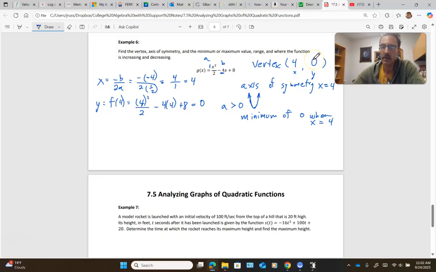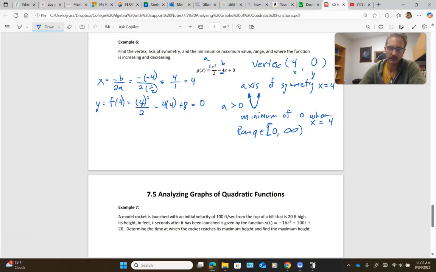So the lowest y-coordinate will be 0, and then the parabola goes up from there. Okay? So the range will go from 0 to positive infinity. But you've got to put a bracket around the 0, because 0 is a function value. Okay, it's included in the set of y function values for this function.